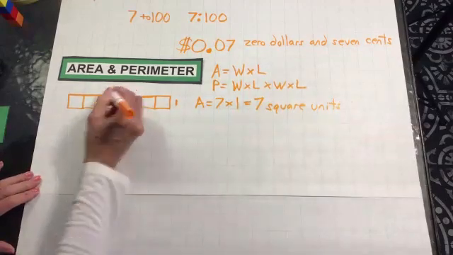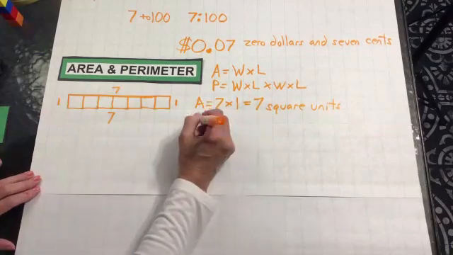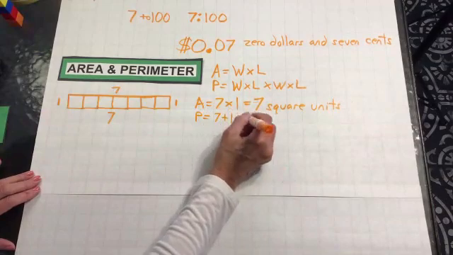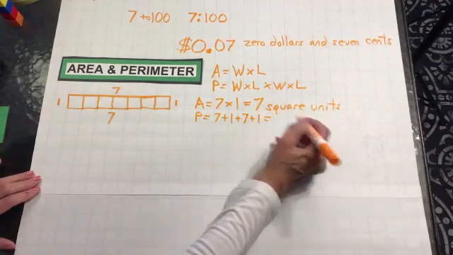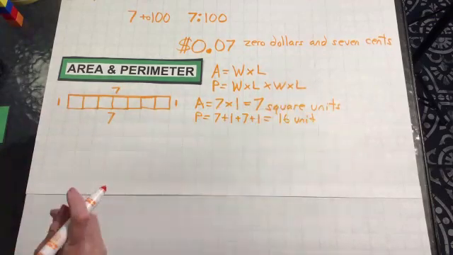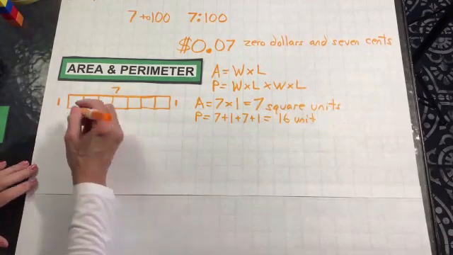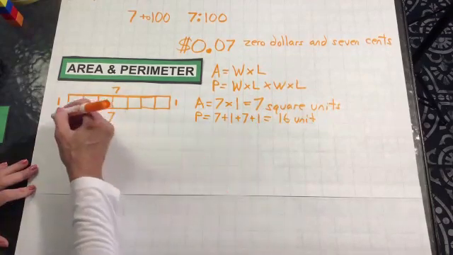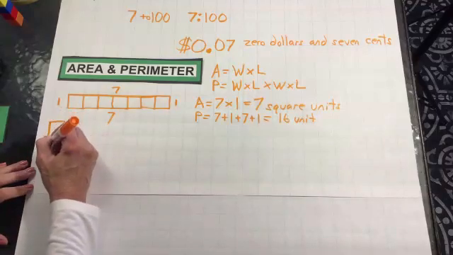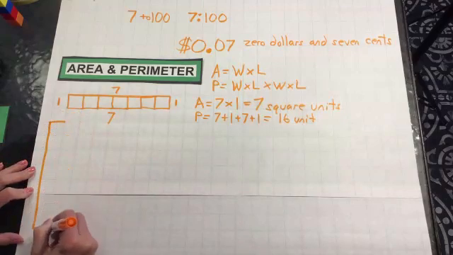And of course, if we go back to the same and we look at the perimeter, P equals 7 plus 1 plus 7 plus 1 equals 16 units. All right, let's go ahead and do it another way. If I have the space here, so we've got 1, 2, 3, 4, 5, 6, 7.